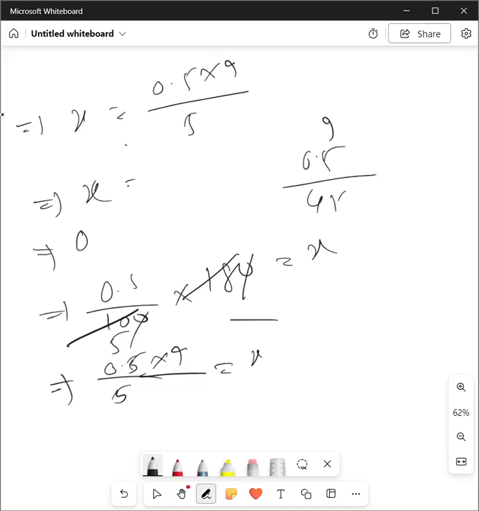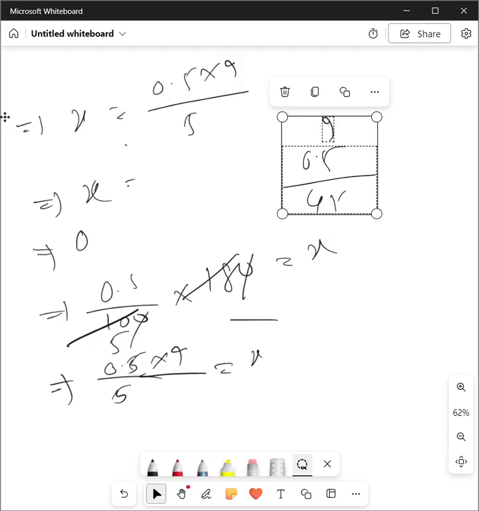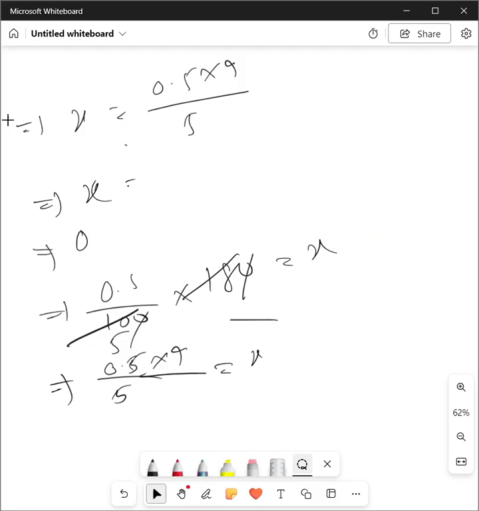Or you can also do it likewise. Okay, let's not make it difficult.